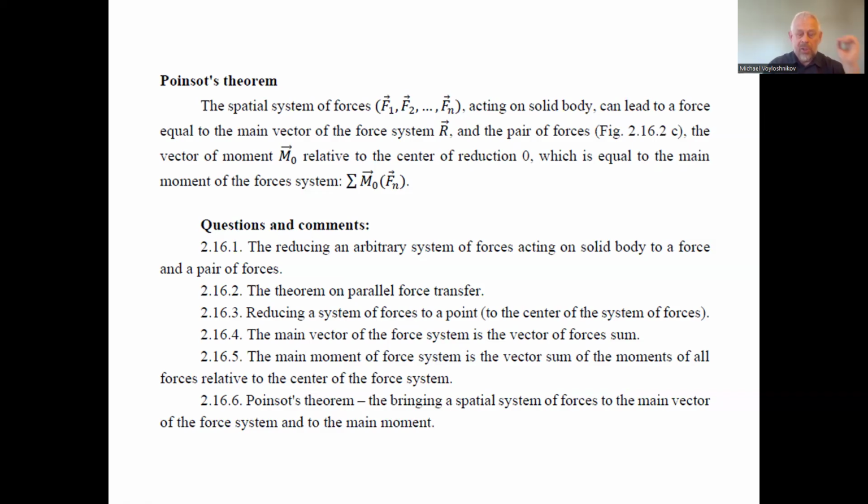They do not change the equilibrium of the body, because these forces put at the point of reduction, the couple of forces, are a balanced system of forces.